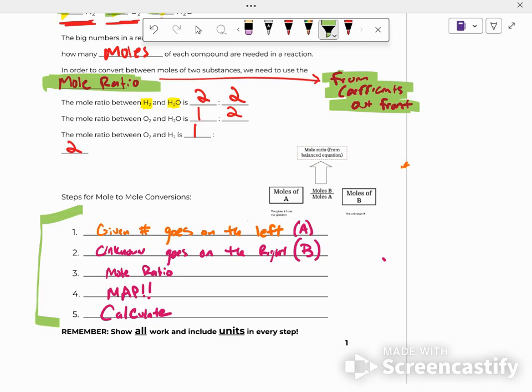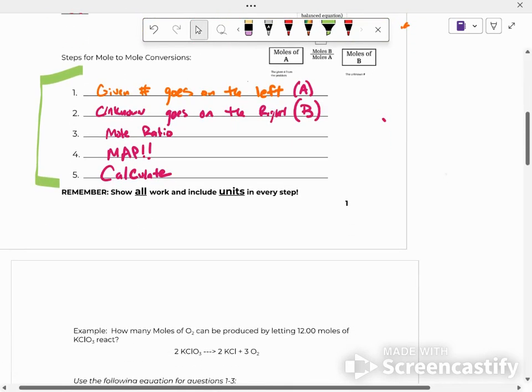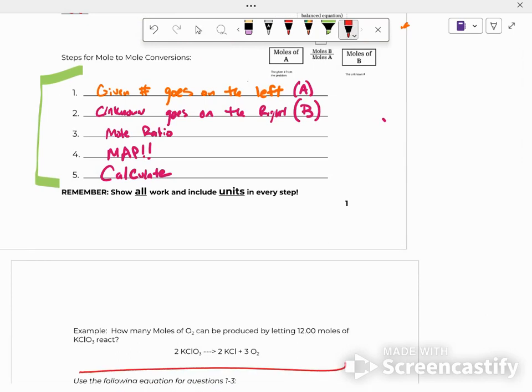The first step is similar to how we did mole conversions: the given number from the problem goes on the left. I'll use this example from the equation down here. The question says, how many moles of O2 can be produced by letting 12 moles of KClO3 react? There's our balanced chemical equation with our coefficients.